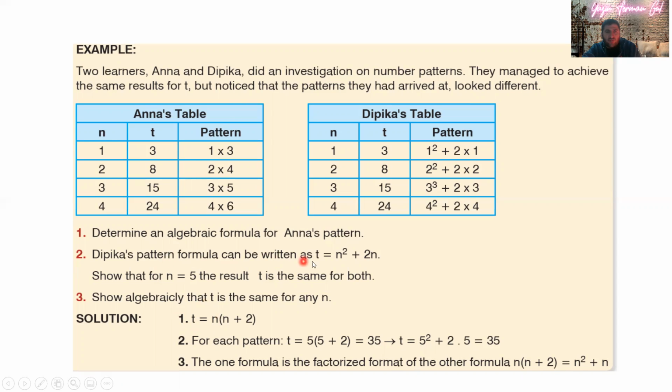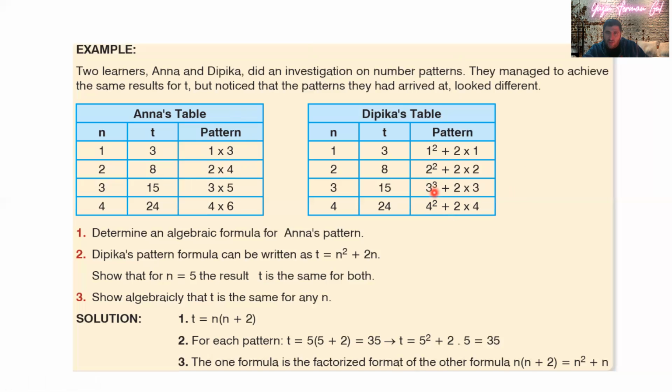Deepika's pattern formula can be written as n squared plus 2n. So that is basically 1 squared plus 2 times 1. 2 squared plus 2 times 2: 2 squared is 4, 4 plus 2 times 2 is 4, which is 8. For 3, it's 3 squared, which is 9, plus 2 times 3, which is 6. 9 plus 6 will be 15.